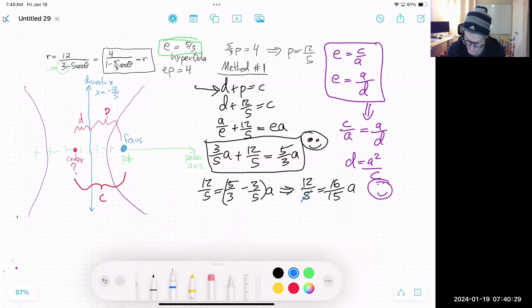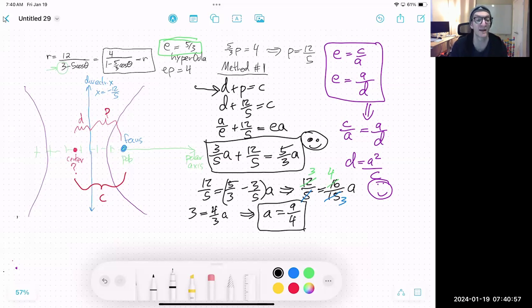Did I even do this right? Yeah, sure I did. So then that cancels and we get a 3. And this cancels and we get a 3 and a 4. Taking a 4, dividing both sides by 4, multiplying both sides by 5. So 3 equals 4/3 A. And so A is in fact 9/4. Okay, that was a lot of work to figure out that A is 9/4.